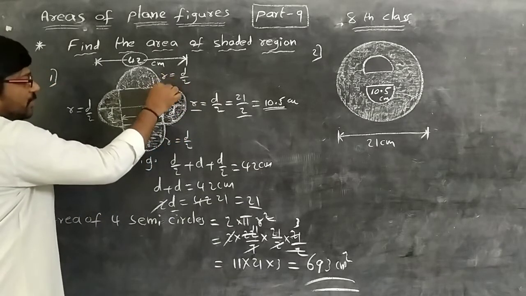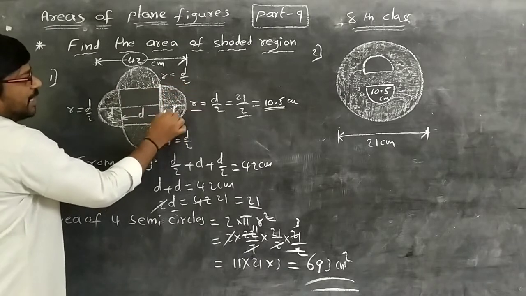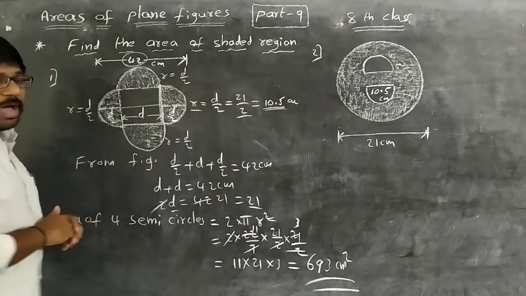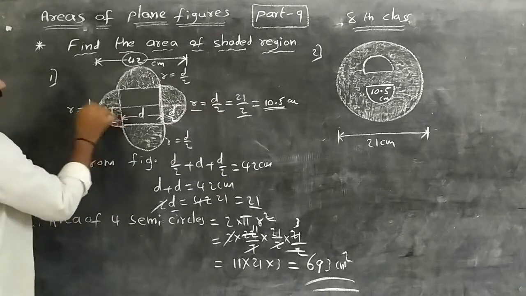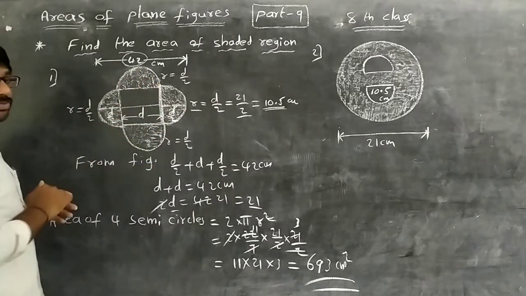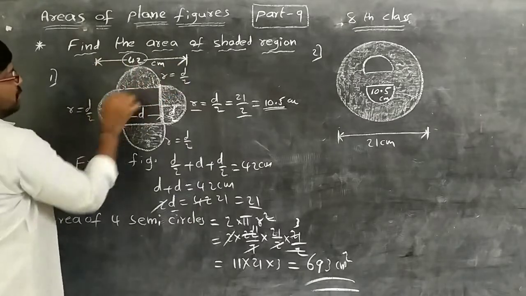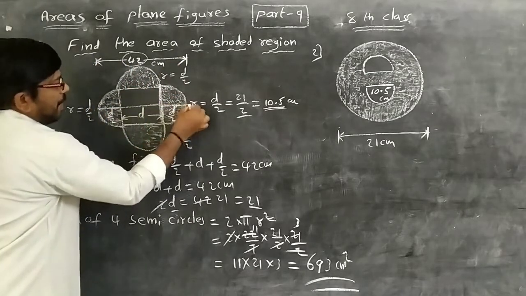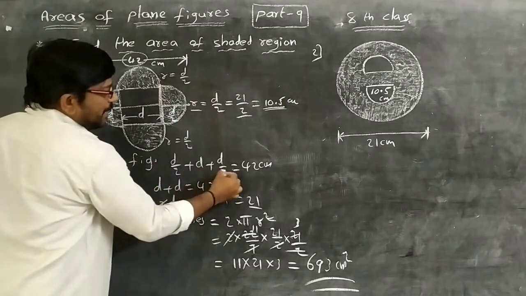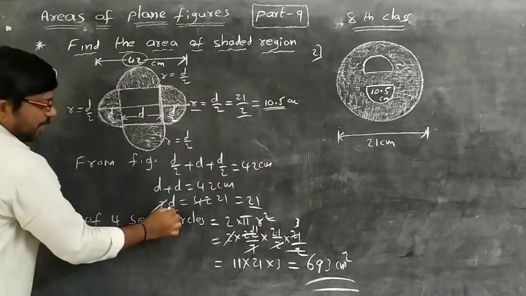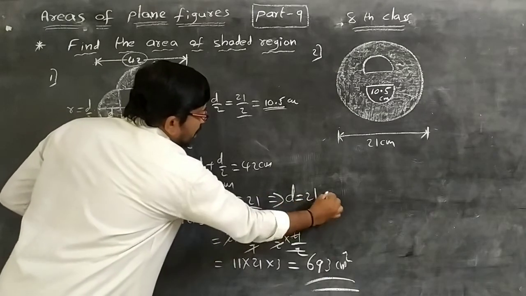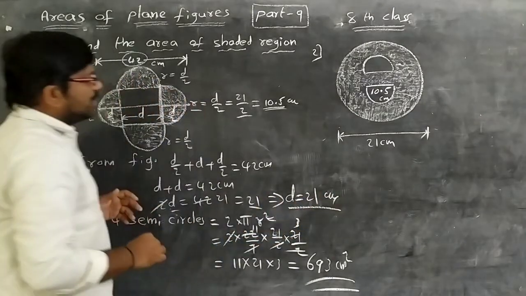So D is its diameter, then its radius is D by 2, R is equal to D by 2, and its radius is also D by 2. The total length given is D by 2 plus D by 2 plus D by 2 plus D by 2, which is 42. From this we get the D value. Here D is equal to 21 centimeters.